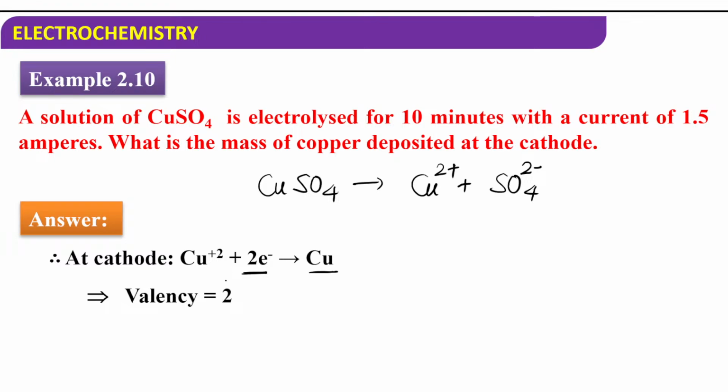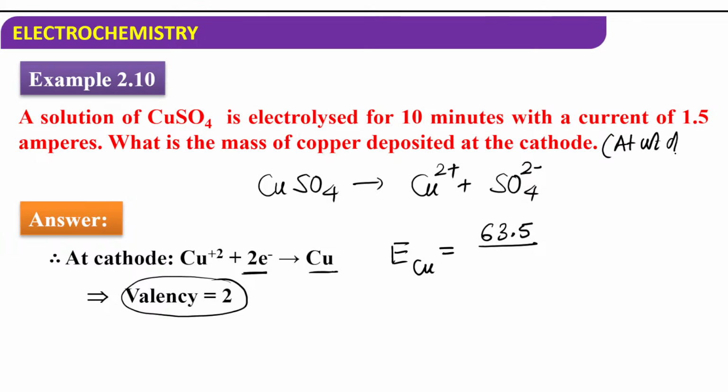So the number of electrons gained, or we can say the valency of copper, is 2. So what is the equivalent weight of copper? The equivalent weight of copper is its atomic weight, that is 63.5, which is generally given to you, divided by 2. So 63.5 divided by 2 is the equivalent weight of copper.